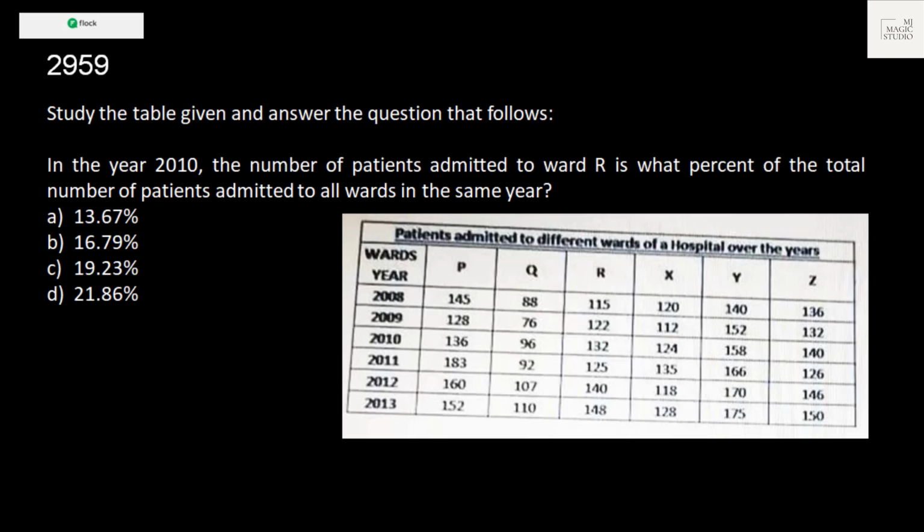One more DI, and it's a table. We have got wards and year. Patients admitted to different wards of a hospital over the years. In the year 2010, the number of patients admitted to ward R, 132, is what percent of the total number of patients admitted to all wards in the same year?